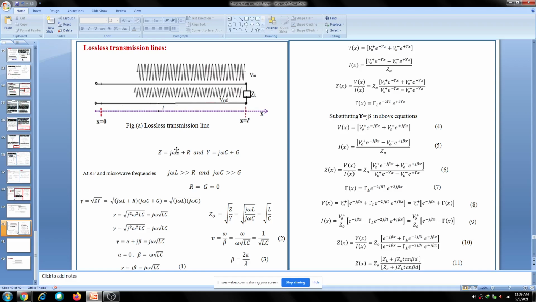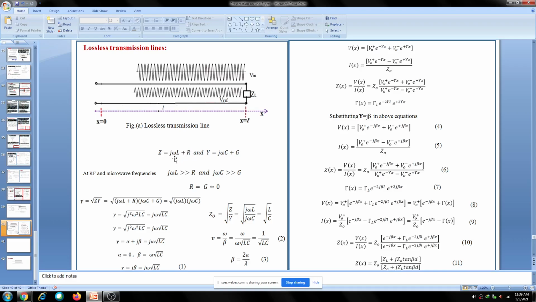So this product may become very much greater compared with R. Similarly, if j omega C is very much greater than G, we can neglect R compared with j omega L, and we can neglect G compared with j omega C.